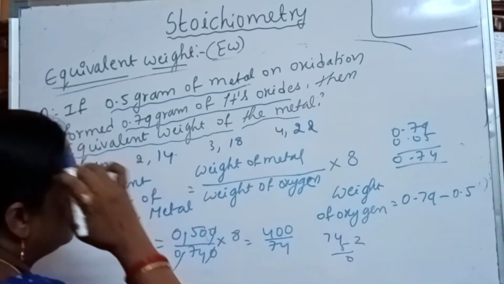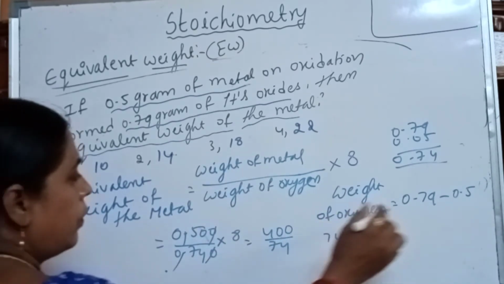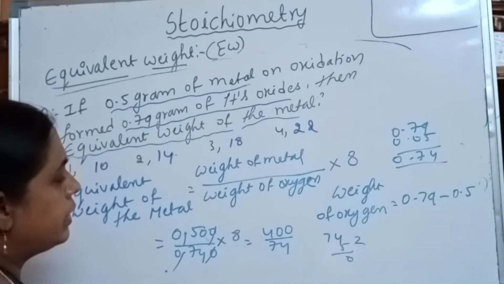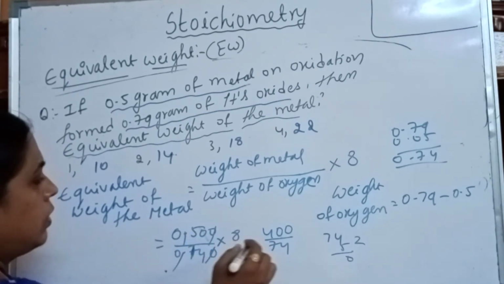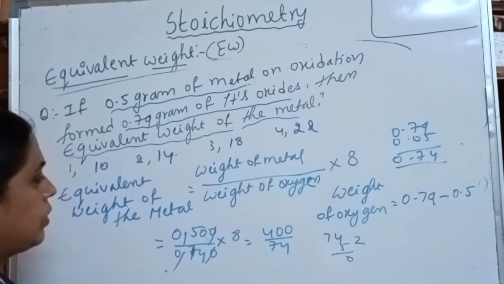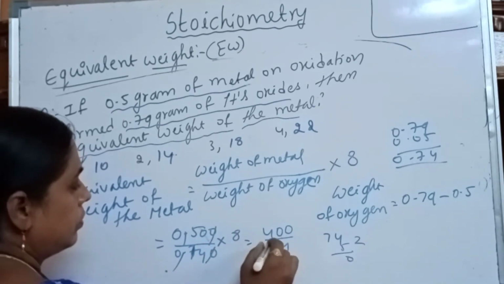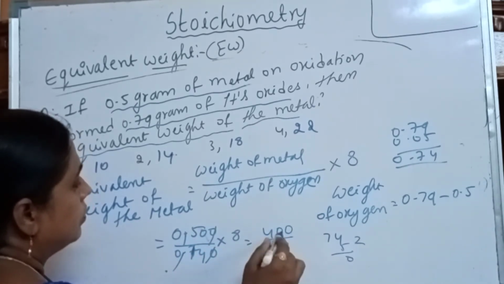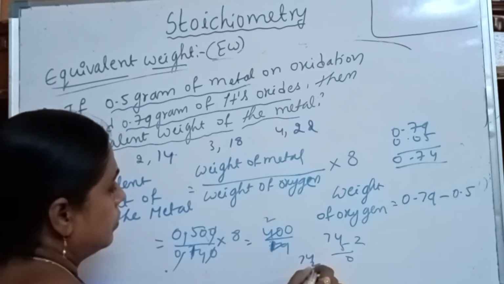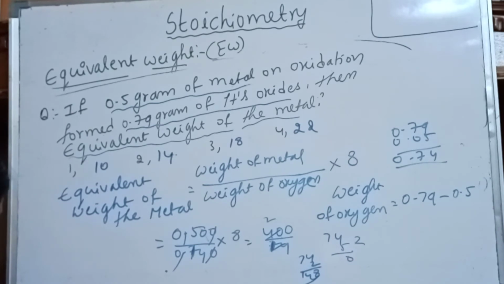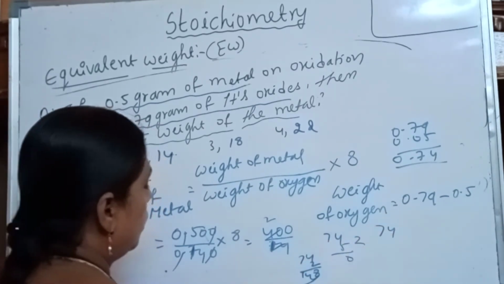Actually here 0.5 means 0.79 is the weight of the mixture. After calculation you will get 14.